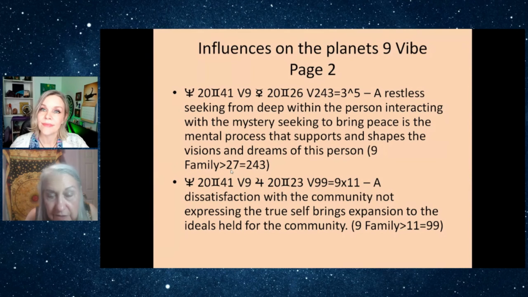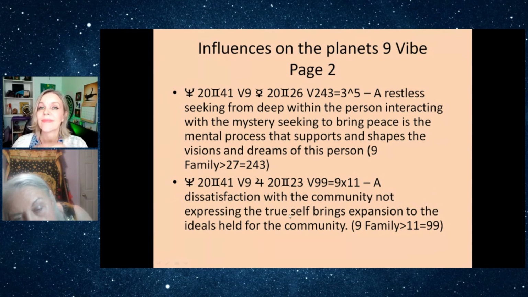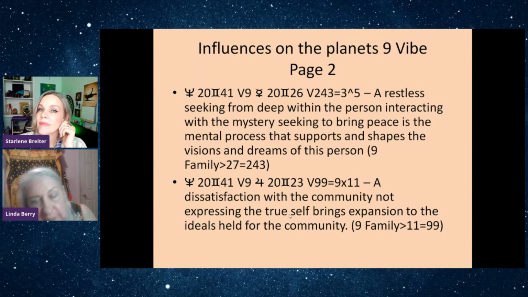All right, so this is pretty deep inside because we don't have any aspects on it. The Jupiter part is in 99. That's 9 times 11. So there's a dissatisfaction with the community, not expressing the true self. This brings expansion to the ideals held for the community.